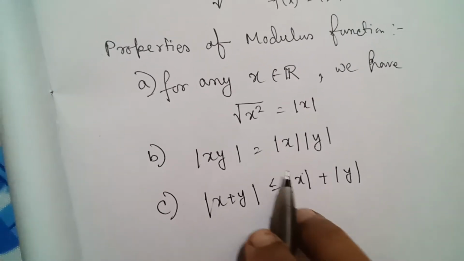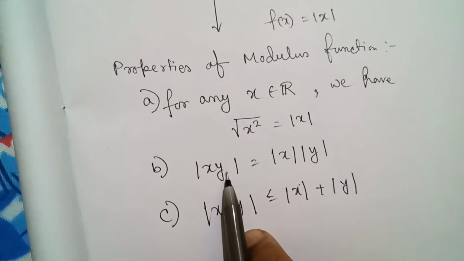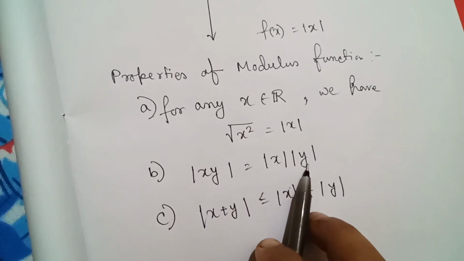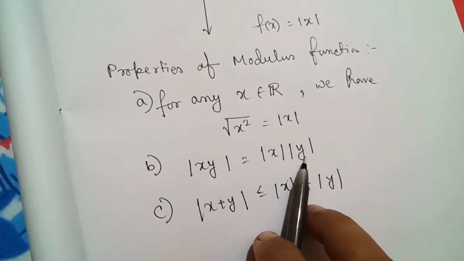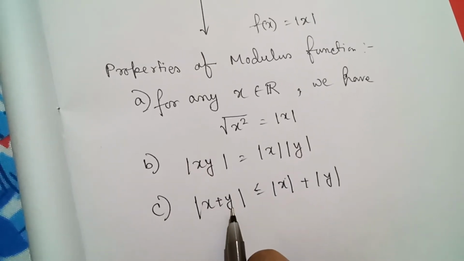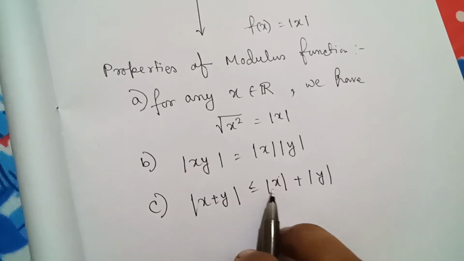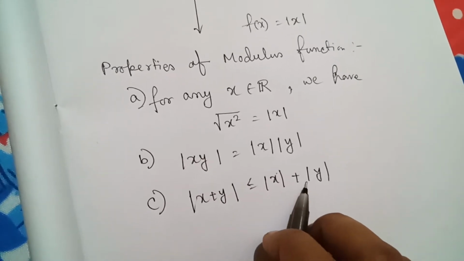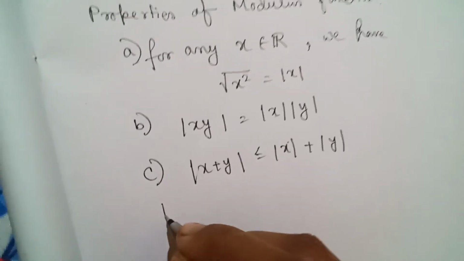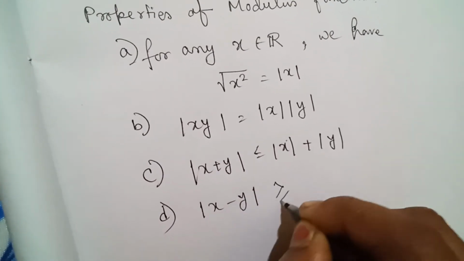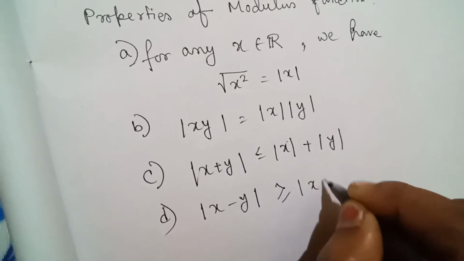If it is multiplication or division, then we can individualize the modulus sign, but not in the case of addition and subtraction. For addition, the individualized mods will be greater, and for subtraction, the individualized mods will be lesser.